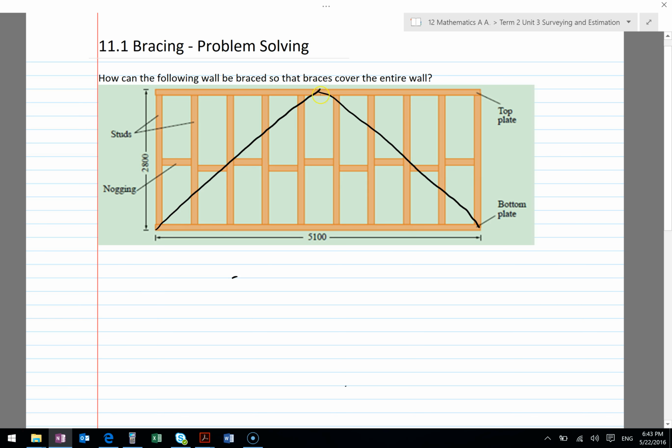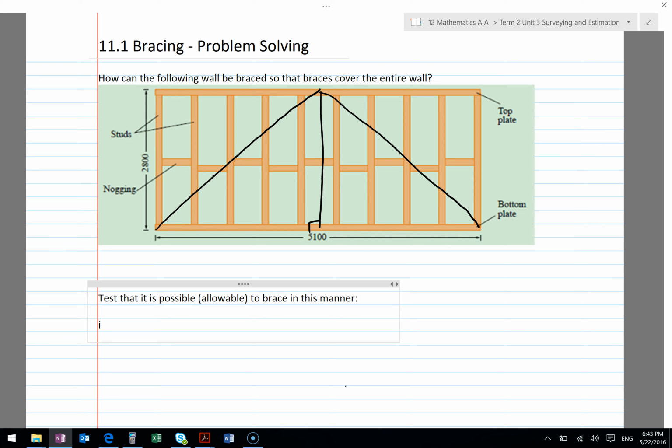So essentially what we're trying to do in this problem is see whether it's possible to brace it in this manner.